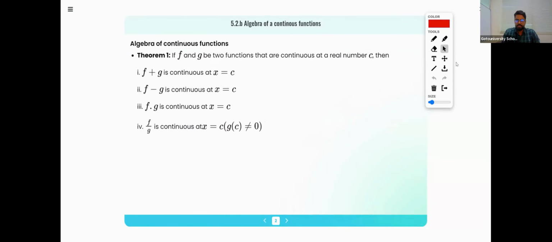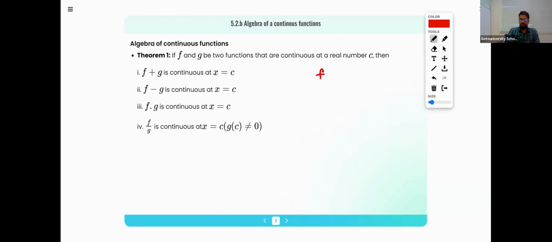When I say algebra, it's all about operations. Algebra means we are talking about algebra of real numbers, algebra of rational numbers. Similarly, we are talking about algebra of functions. That is addition, subtraction, multiplication, and division, how it works in the function.